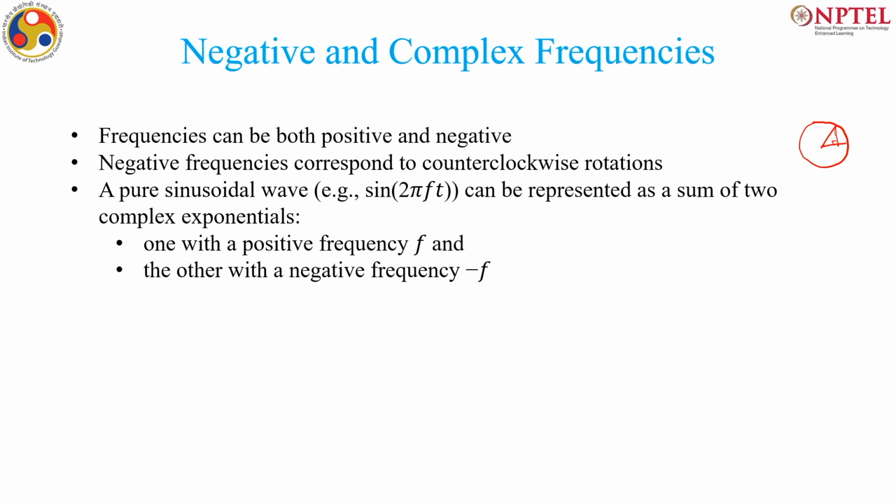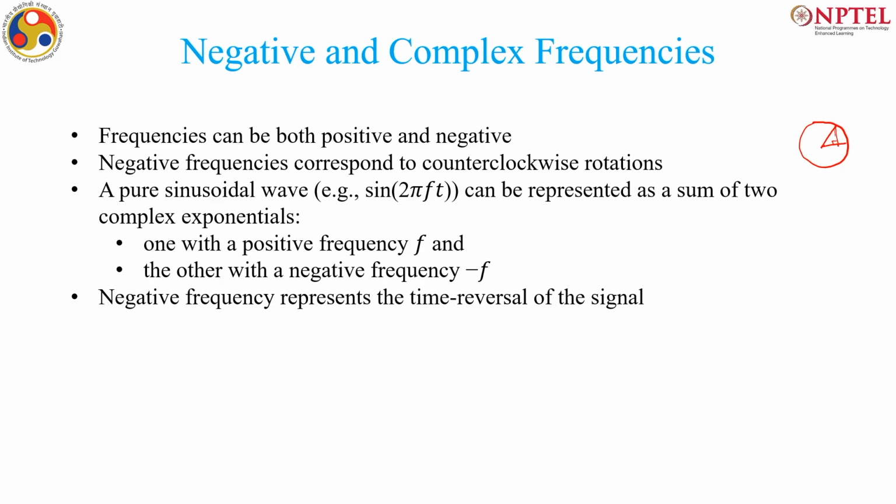So, these comprise the two frequencies, positive and negative. And negative frequency is basically representing the time reversal of the signal. That means, if I have a signal like this, there is a positive flow of the wave, and there is a negative flow of the wave. So, both the positive and the negative frequencies are present in such a signal.